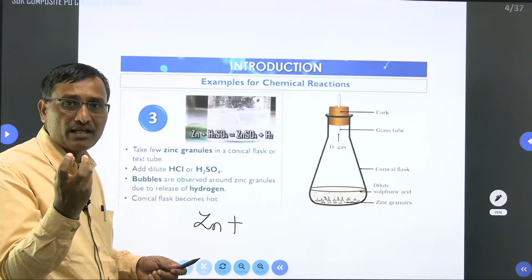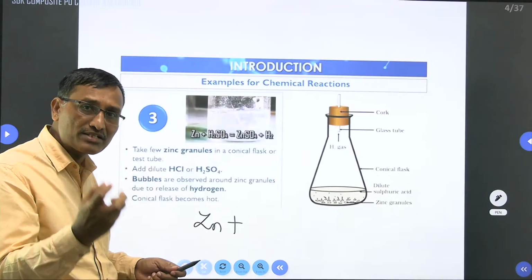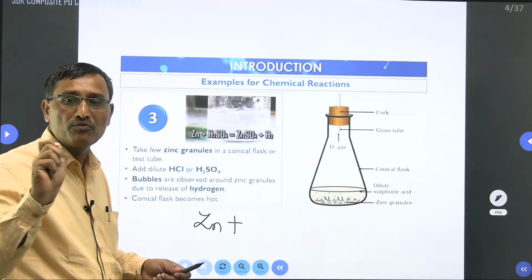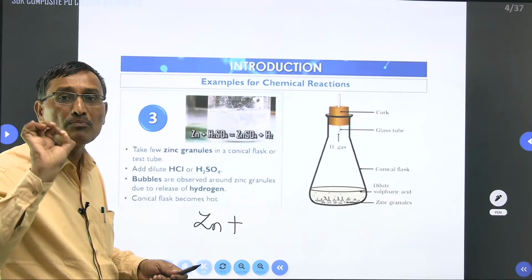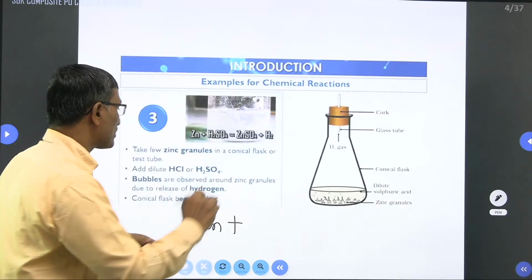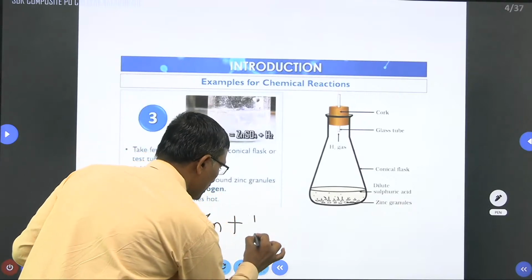So we have taken diluted hydrochloric acid or diluted sulfuric acid in a test tube, and to that we are adding a small piece of zinc metal. Let us see what happens in this case.